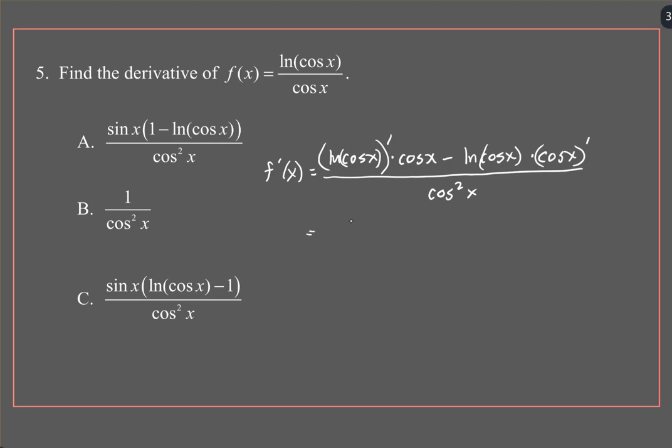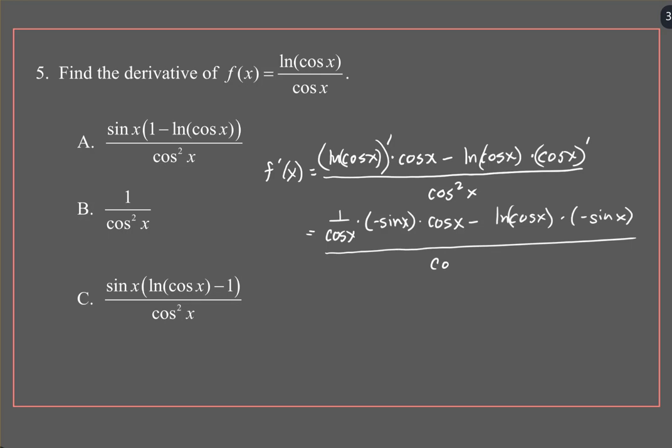So now that derivative is a chain rule, so it's 1 over the cosine of x multiplied by negative sine x, the derivative of cosine of x, multiplied by the cosine of x, minus ln of the cosine of x, multiplied by negative sine x, all over cosine squared x.